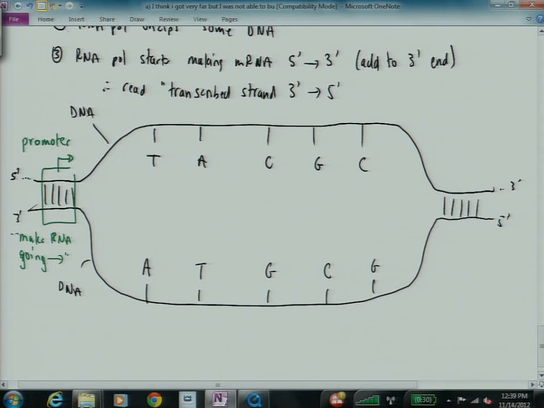All right. What I want you to do is talk to your neighbor and figure this one out. Which end of the RNA is 5', which end is 3'? That's the first thing to do. Then, which strand is that going to be base paired with, top or bottom? And finally, what's going to be the sequence of the RNA?